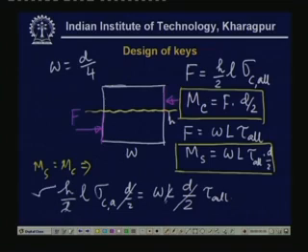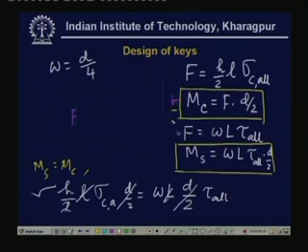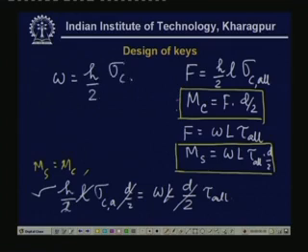Even L and L here cancel, and we get the usual expression between W and H. Once we write that, then W is equal to H by 2 times sigma c allowable divided by tau allowable. Now normally sigma c allowable divided by tau allowable is almost equal to 2. So it cannot be less than 2. So therefore W is taken to be equal to H.